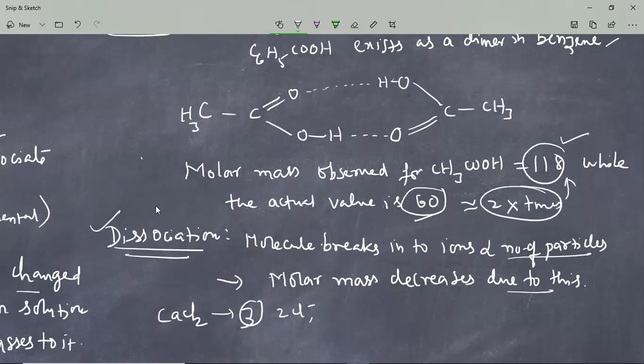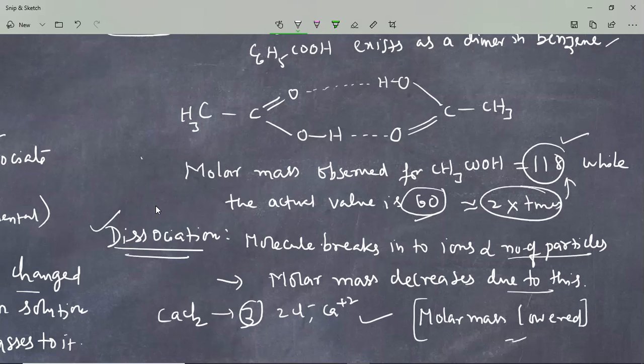Due to this, the effective number of particles increases, so the colligative property increases, which means the molar mass decreases, since colligative properties vary inversely with molar mass. The observed molar mass is found to be abnormally low in this case, lowered because the colligative property increases.